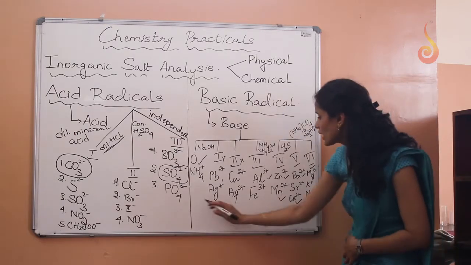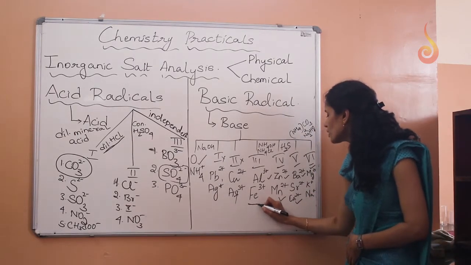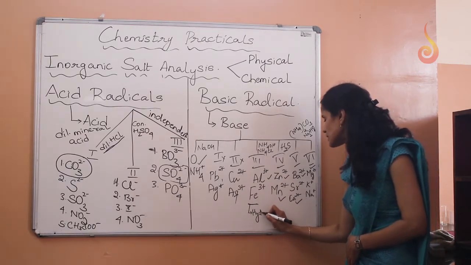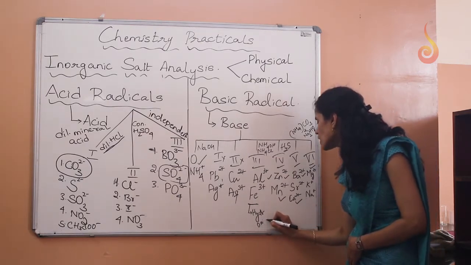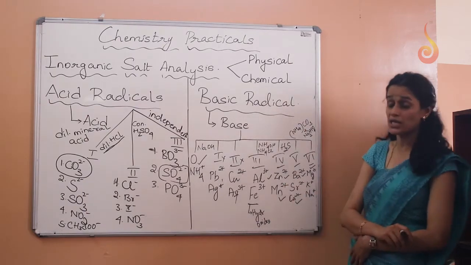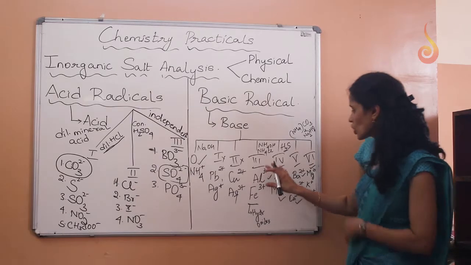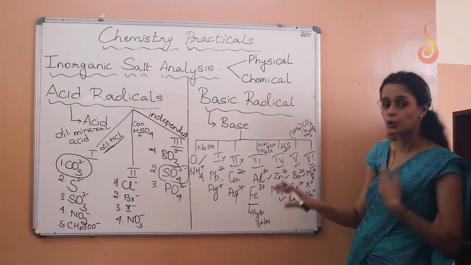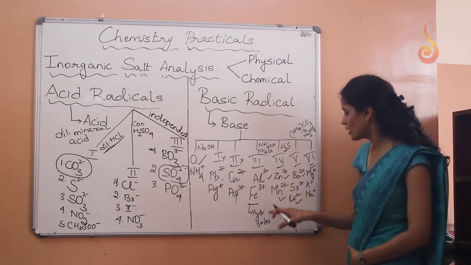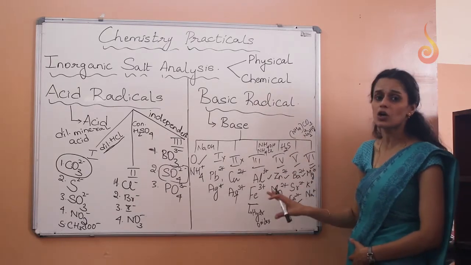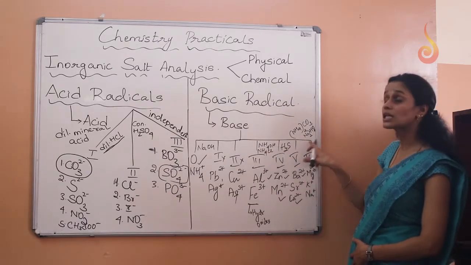Why? In case of the third group, we always observe hydroxide precipitates. Like I already mentioned previously, all these radicals are grouped only because they show similar observation with the reagents.